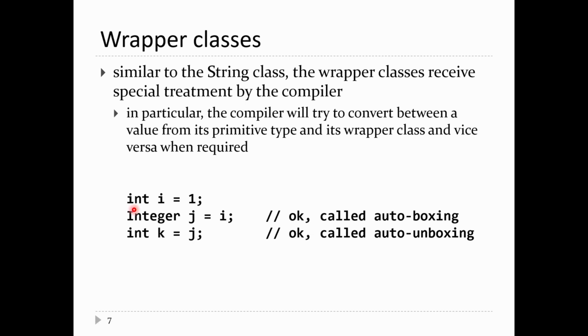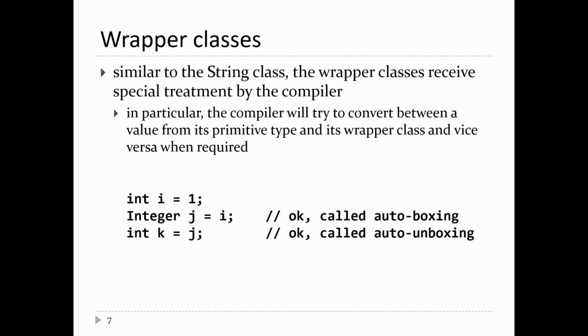So here I have an int i. Its value is 1. Remember, the wrapper class corresponding to int is capital I Integer. The language lets you convert an int, in this case i, automatically to a wrapper class object.